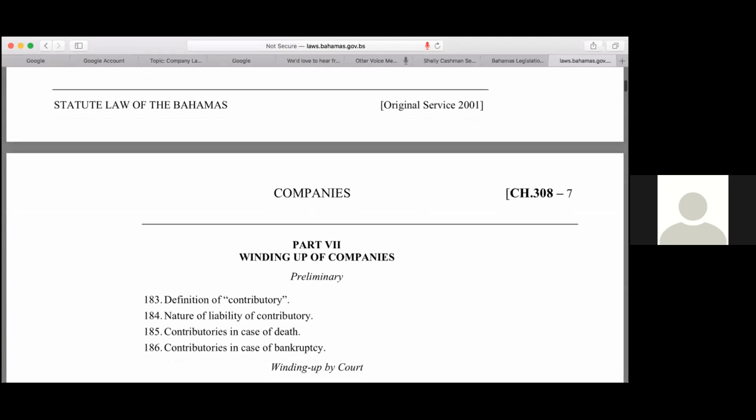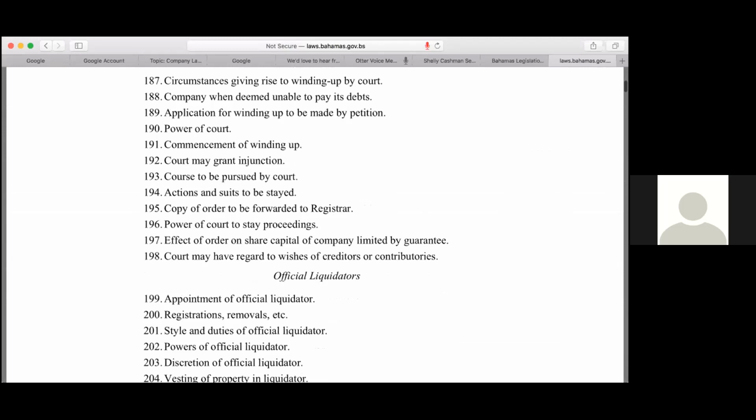And the registrar shall publish a notice of the change in the Gazette.